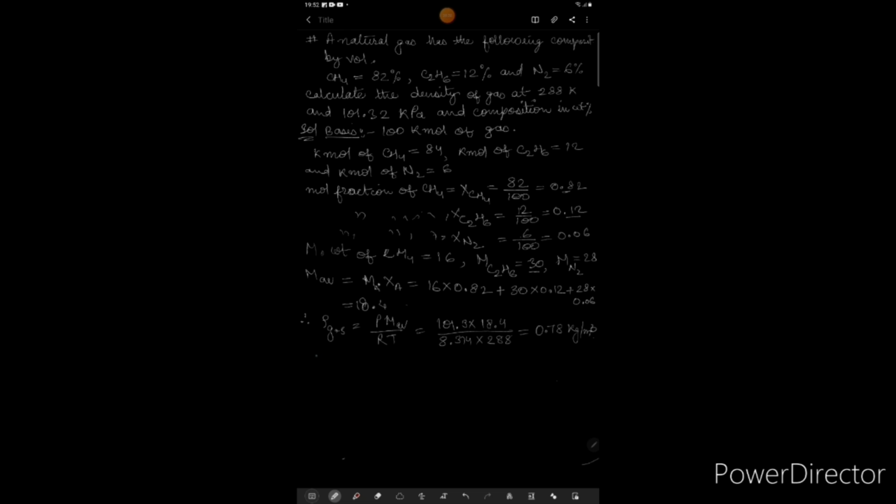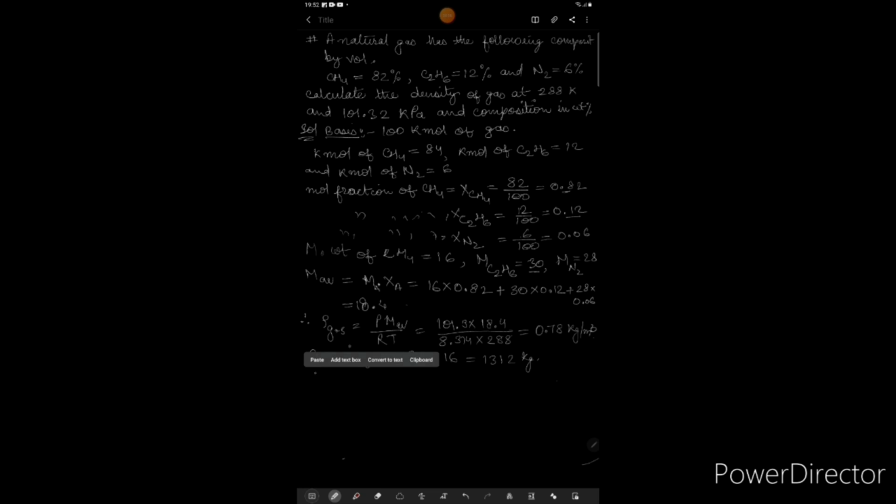So in kg, CH4 in gas mixture equal to 82 into molecular weight of CH4, 16. This comes 1312 kg.